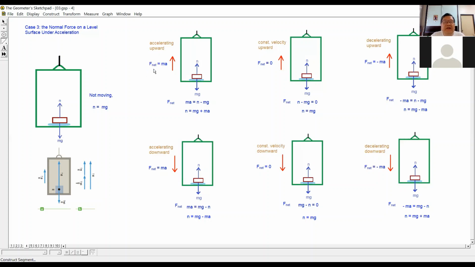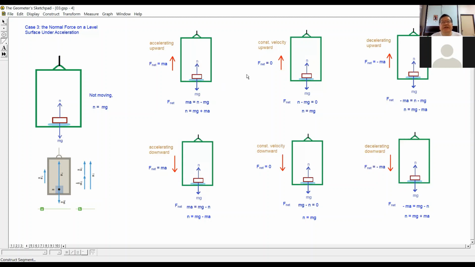If we look at this brown rectangular object inside the lift, there are two forces acting on it: the normal reaction and the weight of the object.